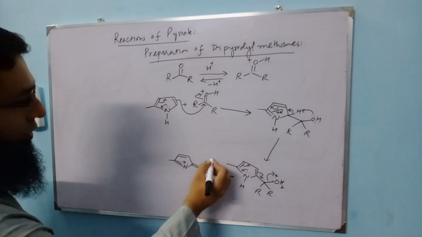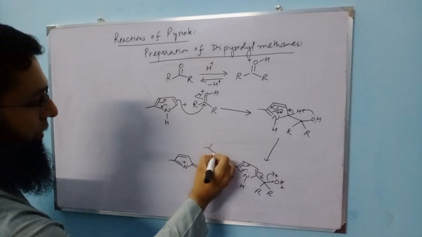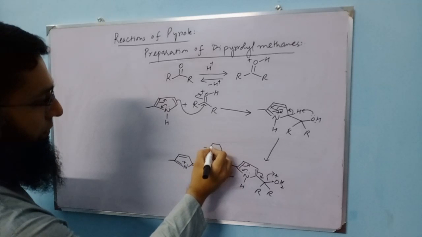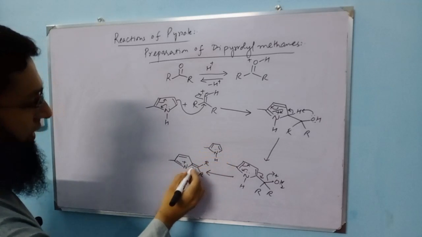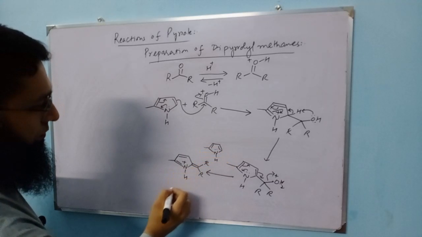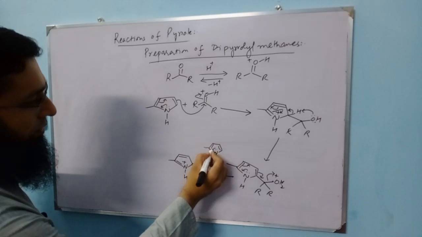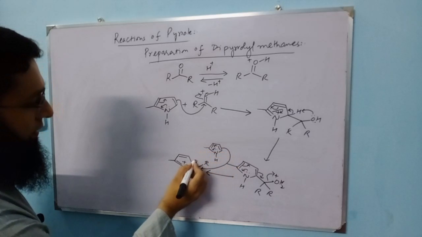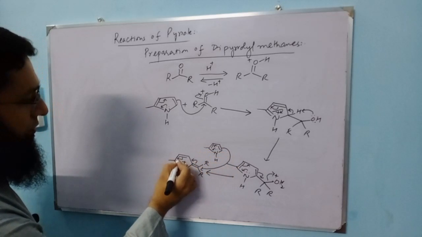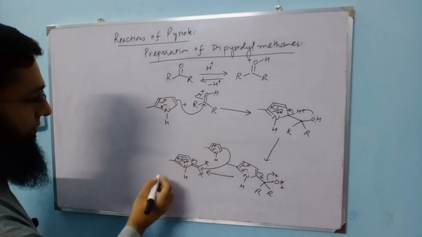Now, another molecule of methyl pyrrole which is present in the medium will react with this. This will shift here, this will shift here, and this bond will attack here. This will shift here, this bond will shift here, and this will shift here.